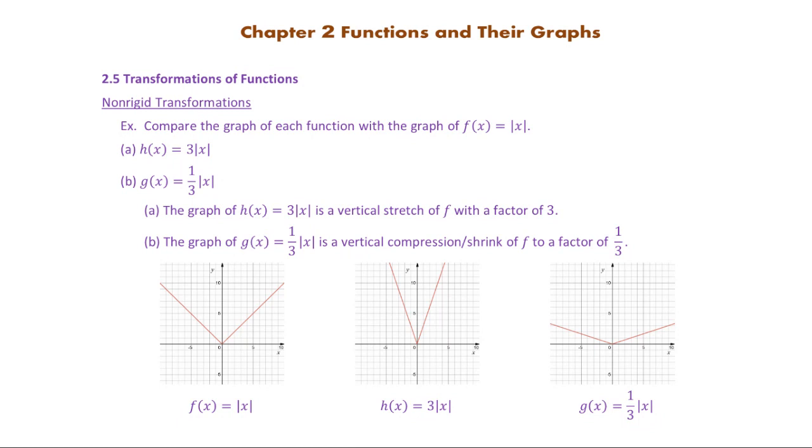The curve becomes flatter, because the y value decreases to 1/3 of the original value. So the graph of g equals 1/3 absolute x is a vertical compression or shrink of f by a factor of 1/3. You can see in the graph on the right side.